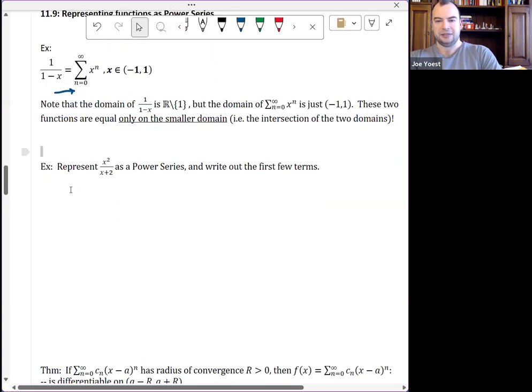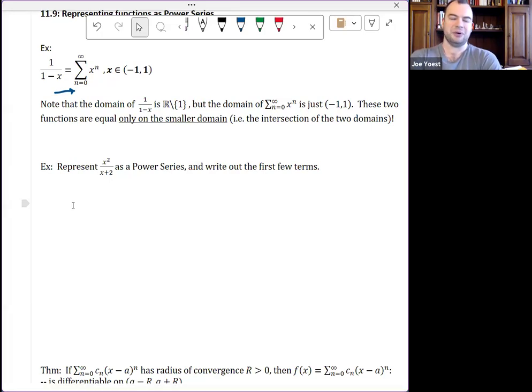So let's look at an example like this. Let's try to represent x squared over x plus 2 as a power series and maybe write out the first few terms. Okay, so x squared over x plus 2. I don't really recognize this straight off the bat as the sum of a power series that I'm familiar with.